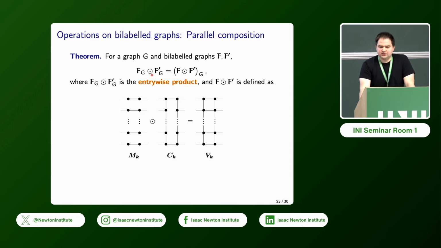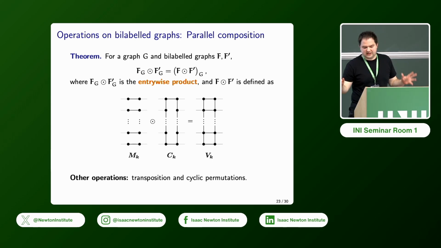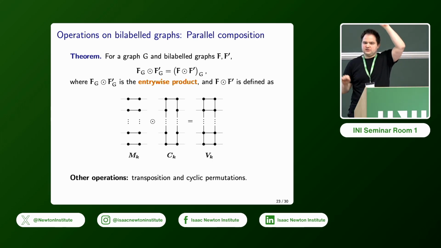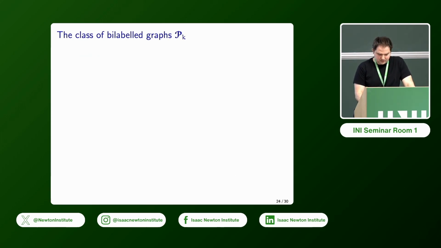The corresponding matrix operation on the homomorphism matrices will be just the entry-wise product. And we have some more operations like transposition and cyclic permutations. Cyclic permutations permute the wires cyclically, and transposition flips them. I don't have a picture for those, but that's not that hard.